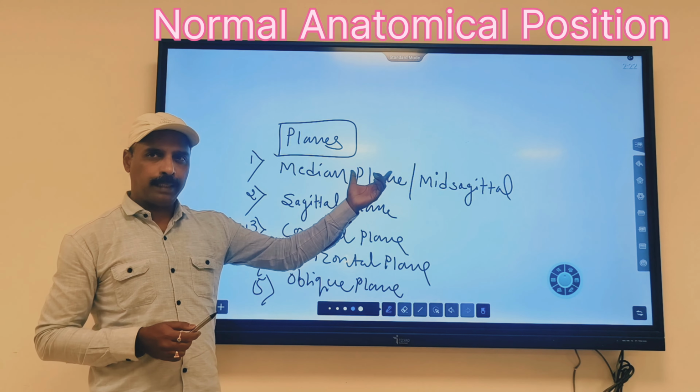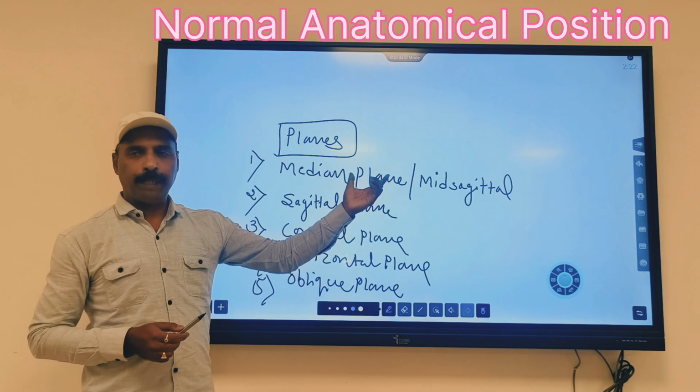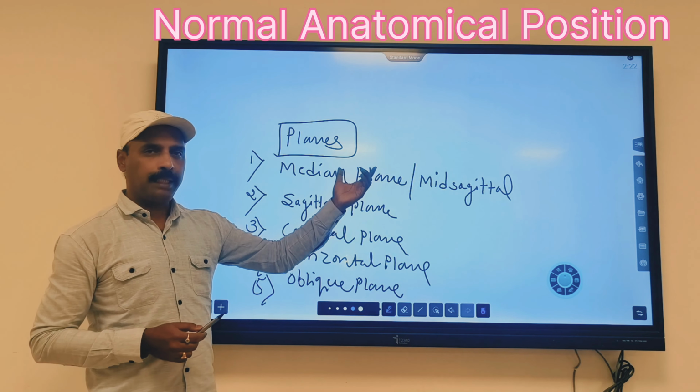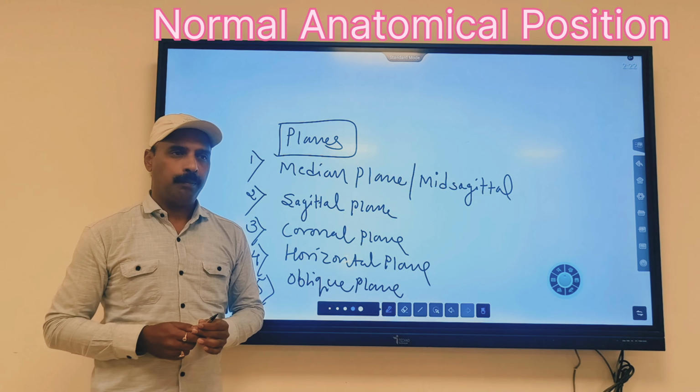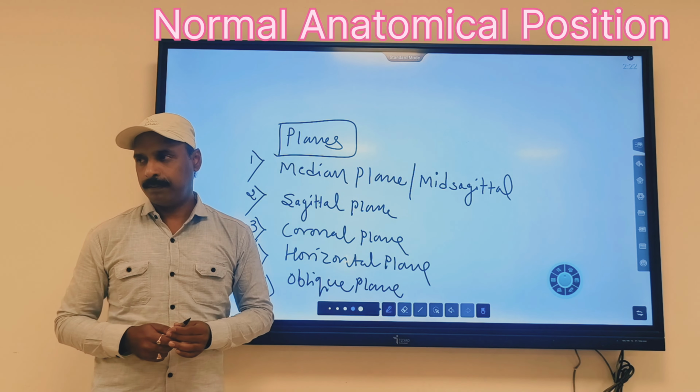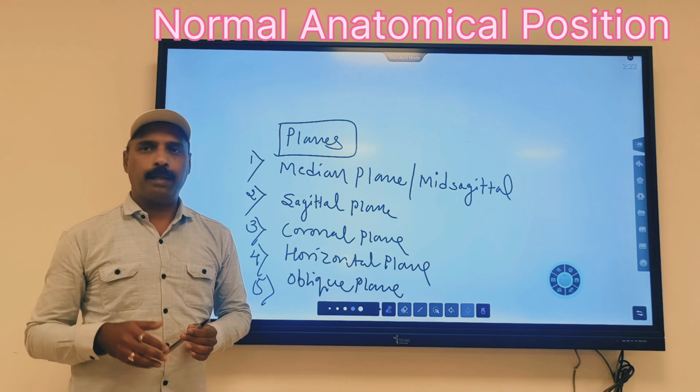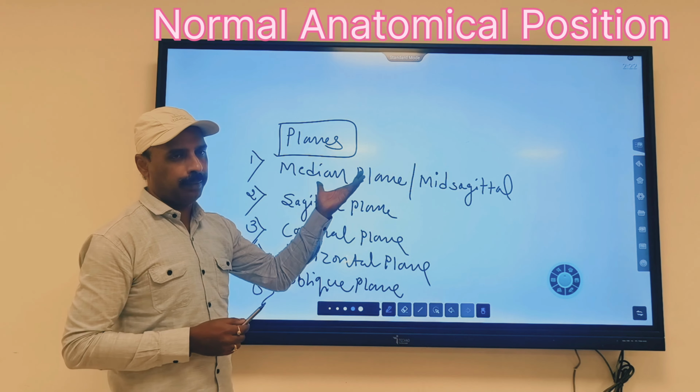So what is a mid-sagittal plane? It is the median plane passing at the center of the body, which divides the body into two equal halves.